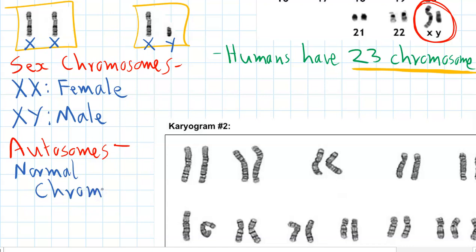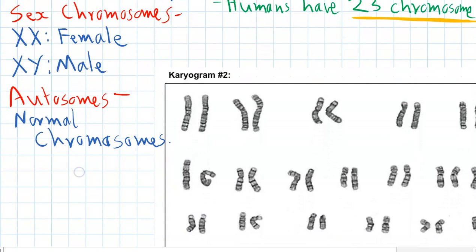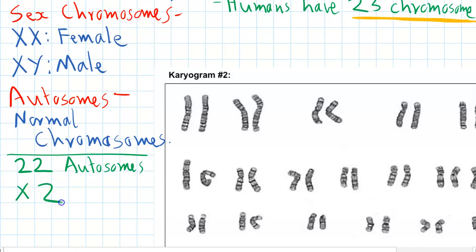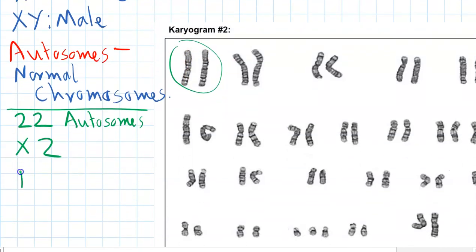Each healthy person will have 2 copies of each of their autosomes. In humans, that means we've got 22 autosomes times 2, because we've got 2 copies of each, plus our 2 sex chromosomes as well. And so that equals our 46 chromosomes in total.